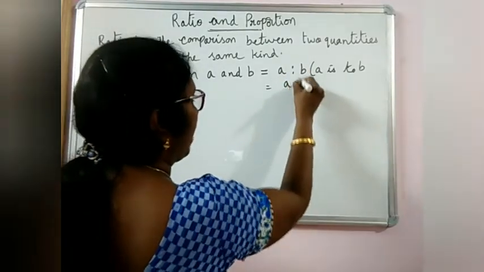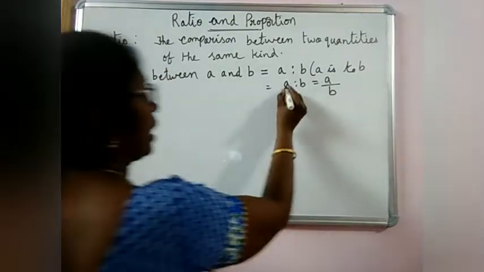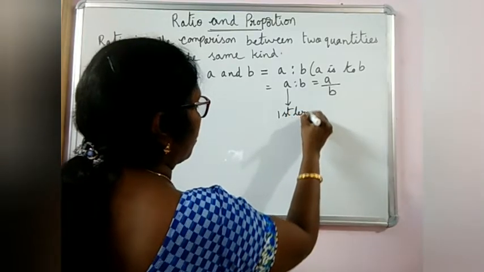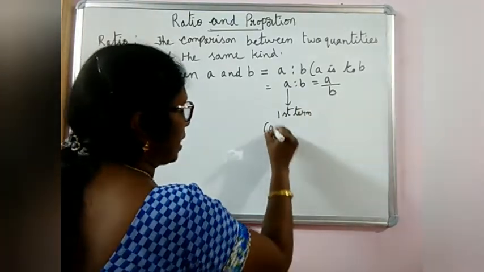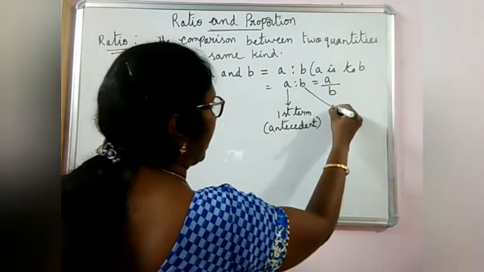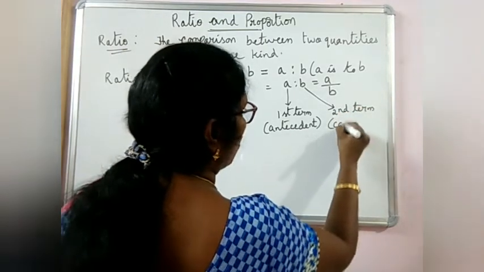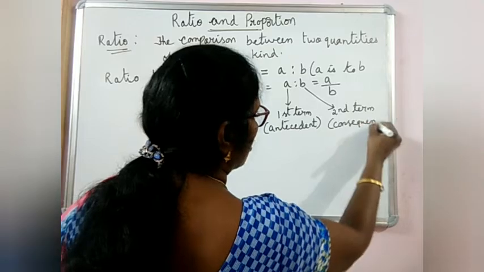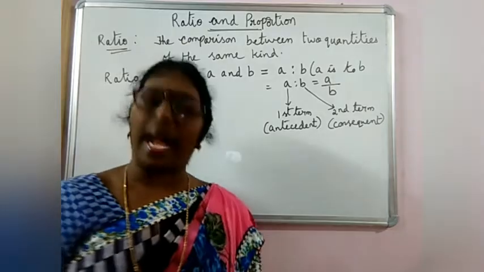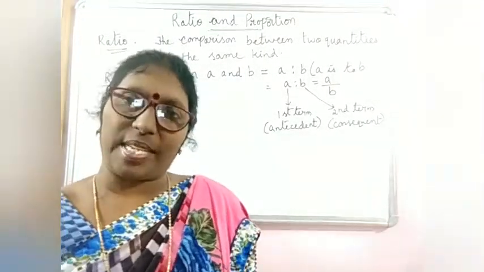A is to B means A by B. In A is to B, A is the first term of the ratio, known as antecedent, and B is the second term of the ratio, known as consequent.